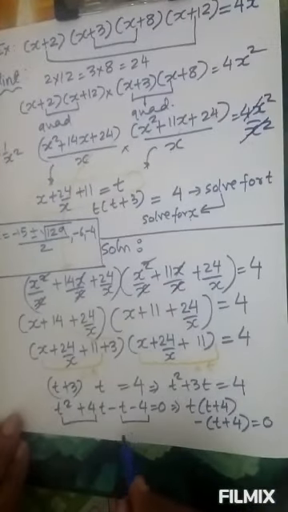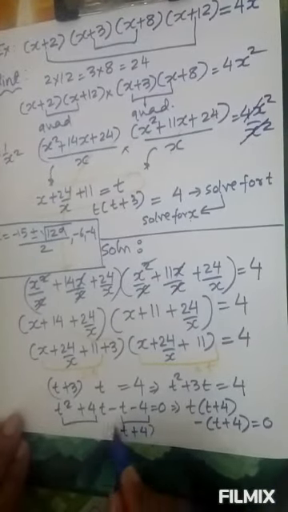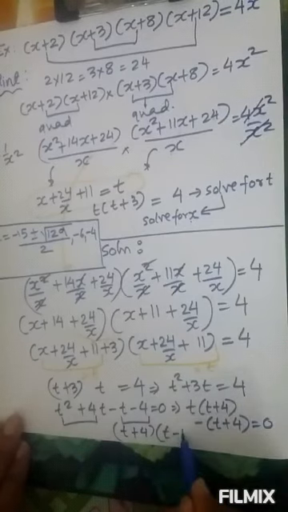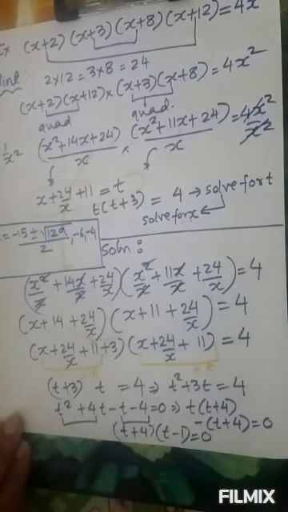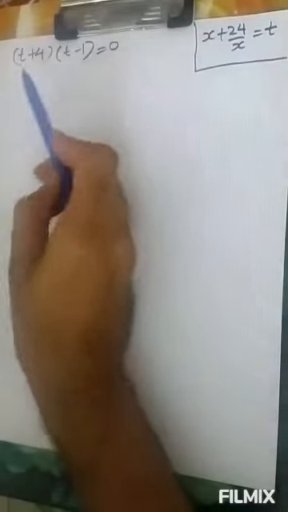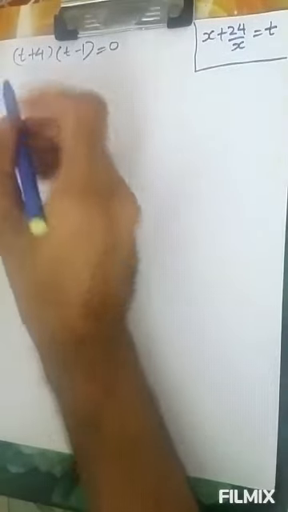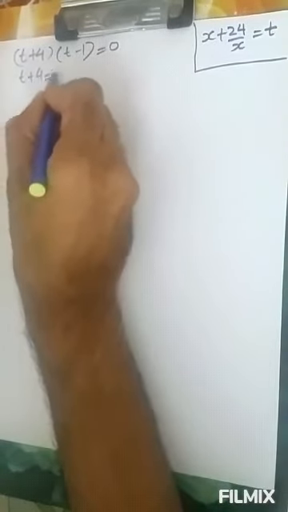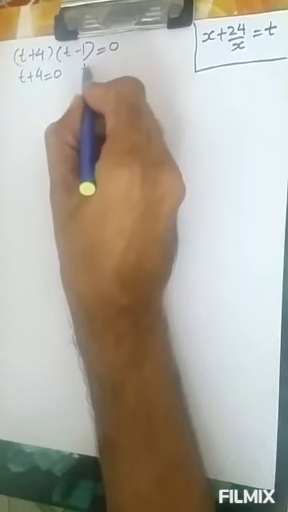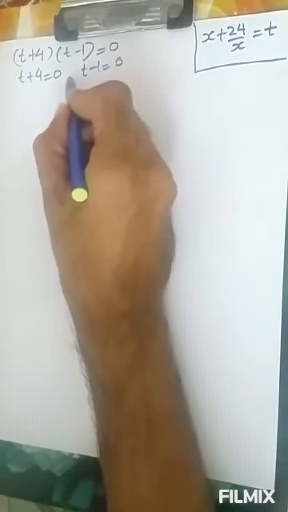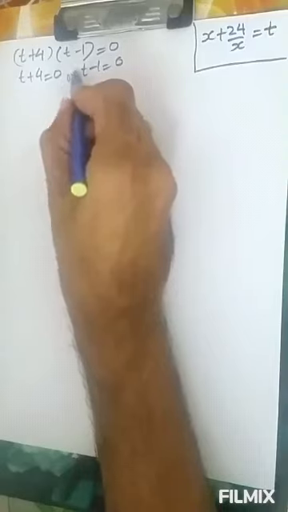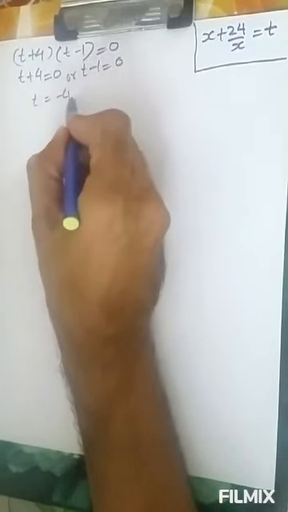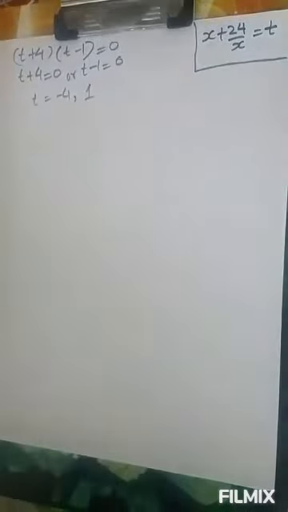So as you can see here, t plus 4 comes out, inside t minus 1, we are left with equal to 0. T plus 4 into t minus 1 equals to 0 means t plus 4 equals to 0 or t minus 1 equals to 0. Okay, so t is equal to minus 4 or 1.